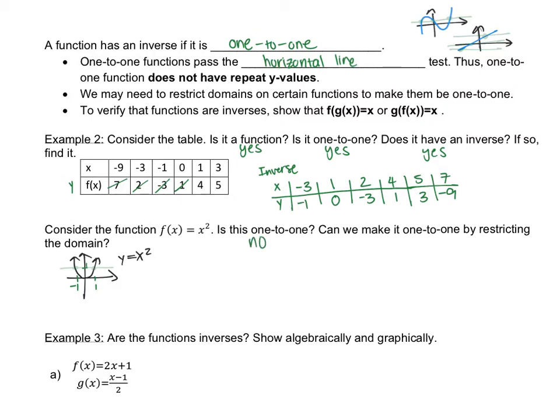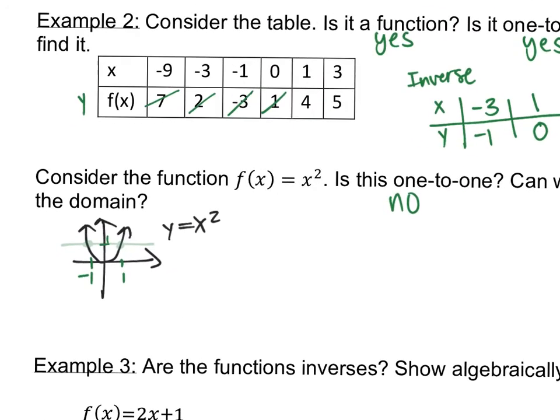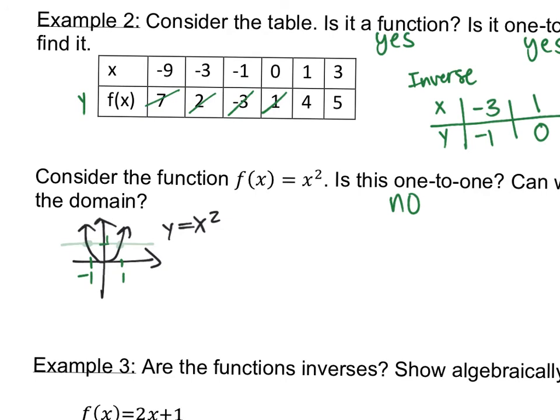Can we make it 1-to-1 by restricting the domain? Yes, you can do this. What you can do is restrict the domain to half of it. So if I pretend, say for a moment, to just use the left side of the parabola, from 0 to negative infinity, then I can say that this is 1-to-1.